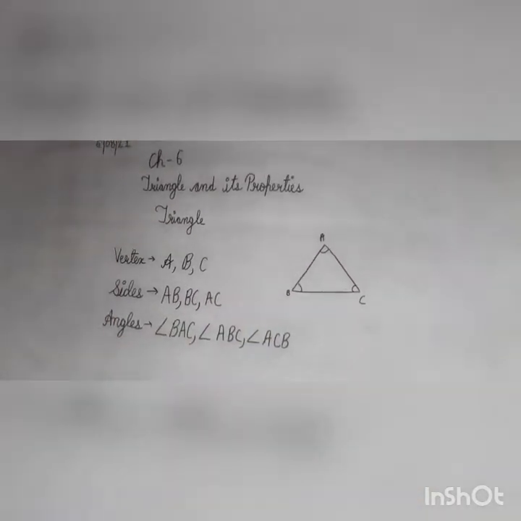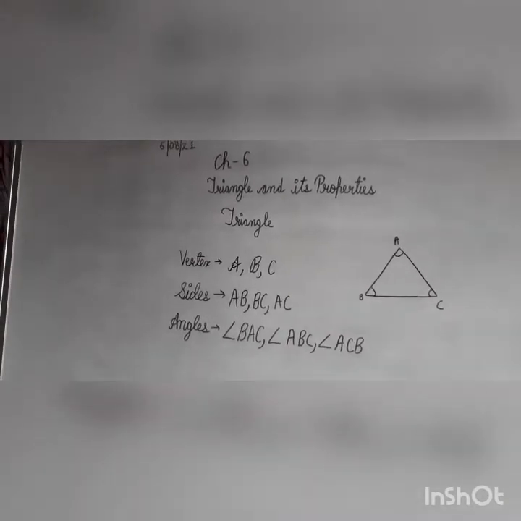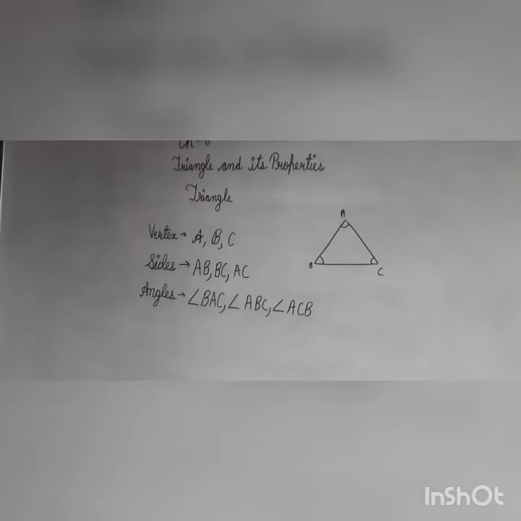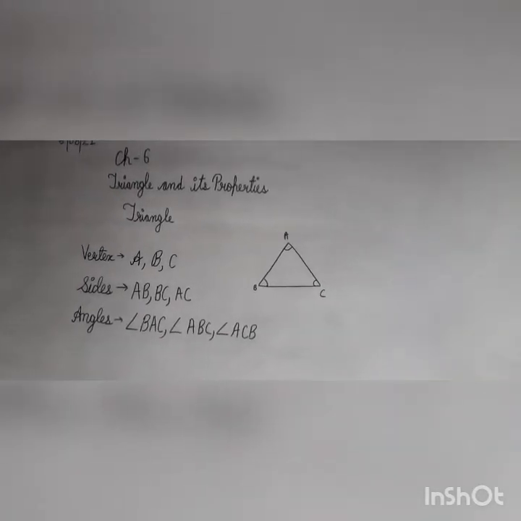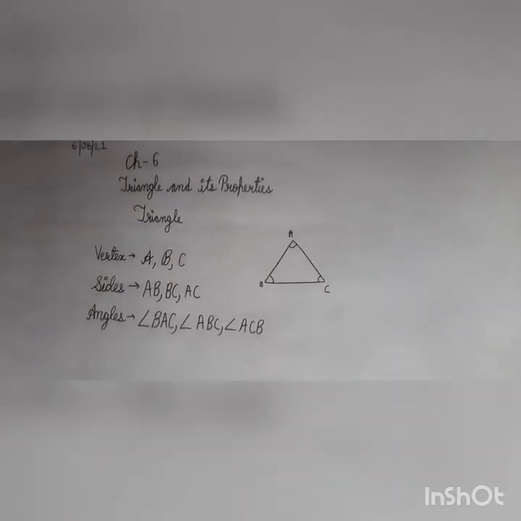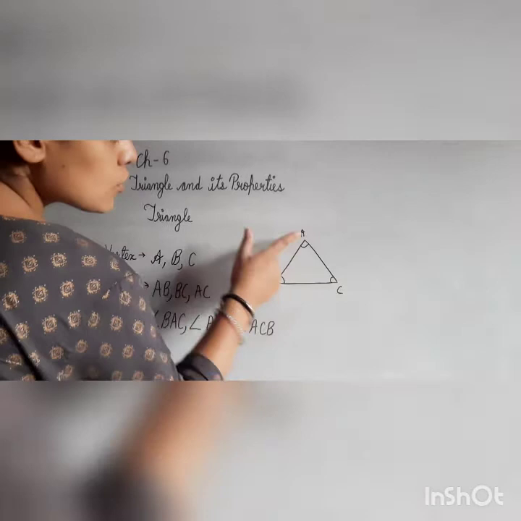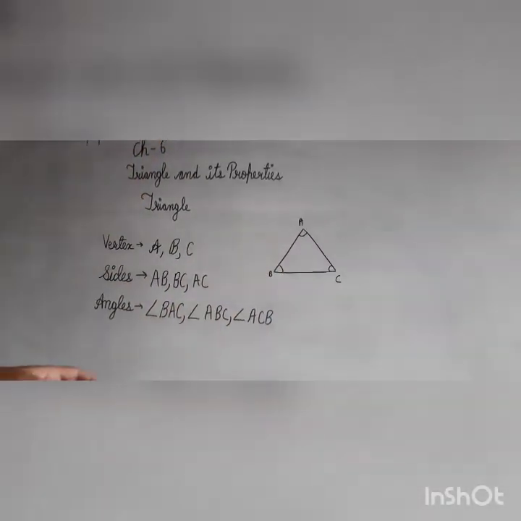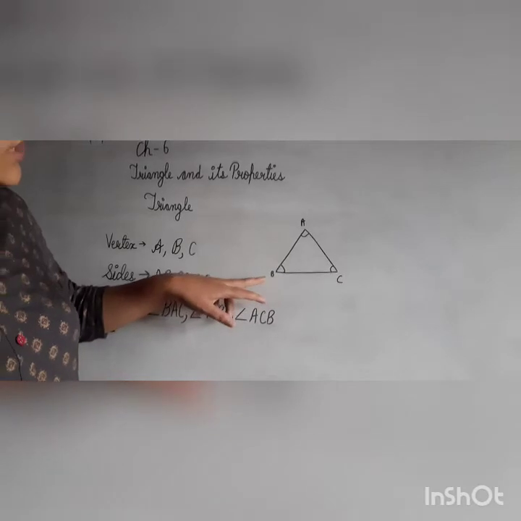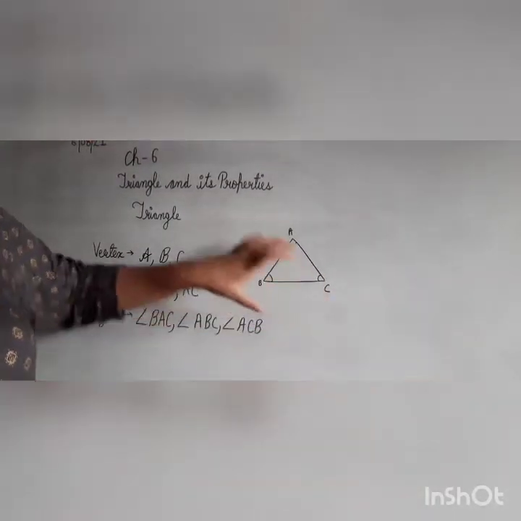Now the side opposite to vertex A is BC and the side opposite to vertex B is AC and the side opposite to vertex C is AB.